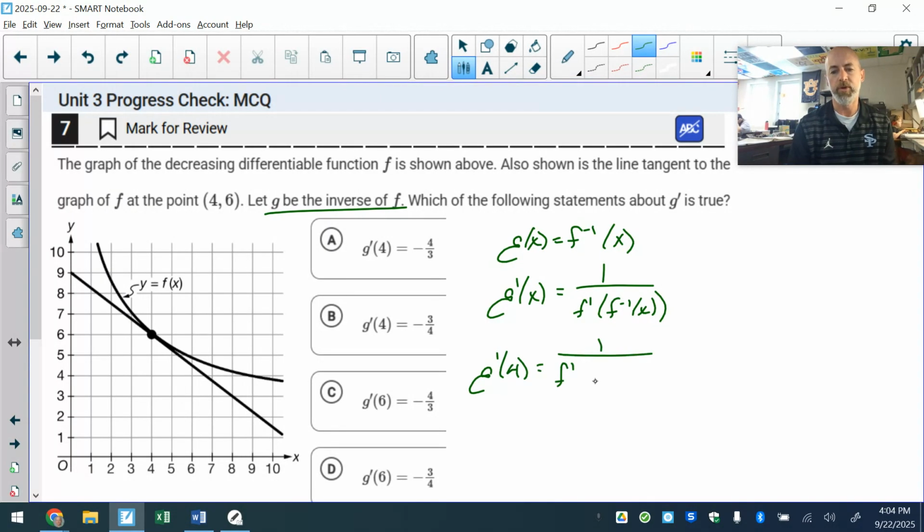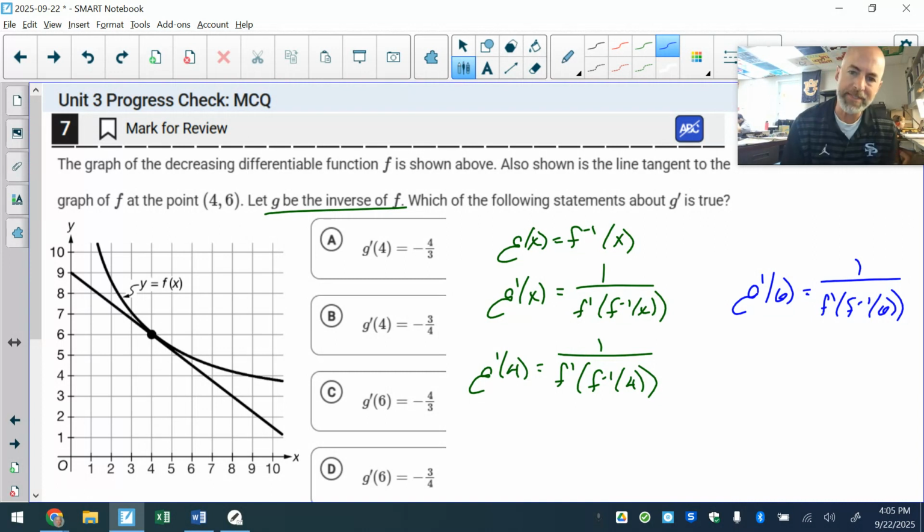So g prime of 4 is 1 over f prime of f inverse of 4. And then g prime of 6, which I'll do in blue, is going to be 1 over f prime of f inverse of 6. And to answer both of these, we need to know what f inverse of 4 and f inverse of 6 is. And so let's start with f inverse of 4.